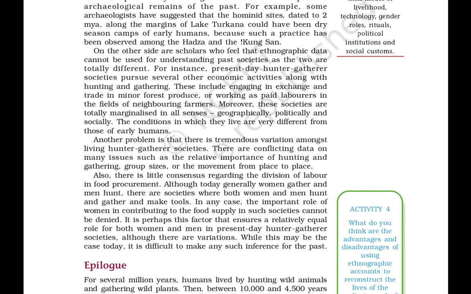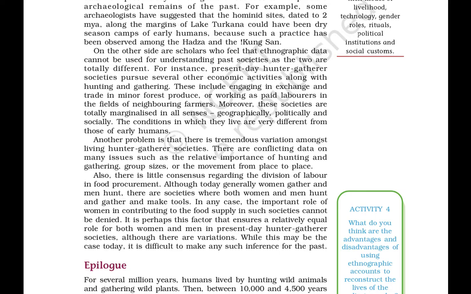On the other side are scholars who feel that ethnographic data cannot be used for understanding past societies as the two are totally different. For instance, present day hunter gatherer societies pursue several other economic activities along with hunting and gathering.